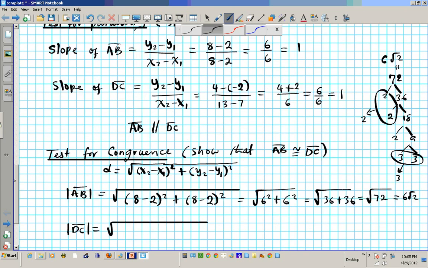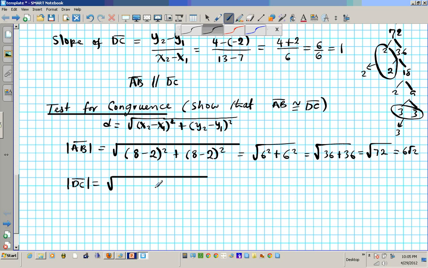Okay, so I'm going to be subtracting them. So x2 minus x1, I'm going to have 13 minus 7 squared plus y2 minus y1 is 4 minus negative 2 squared.